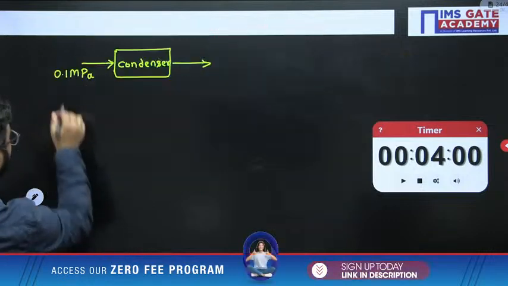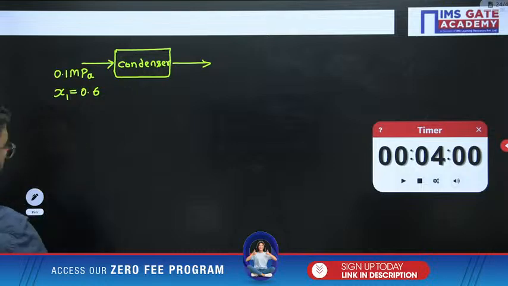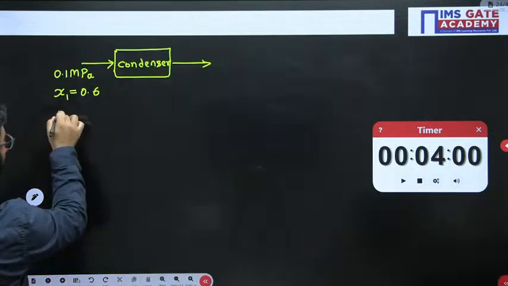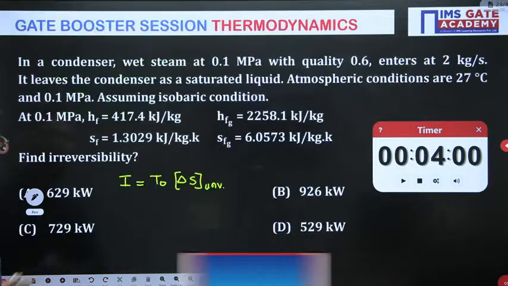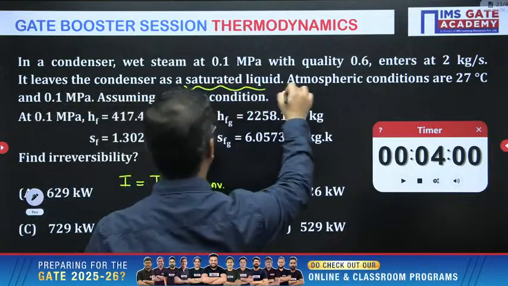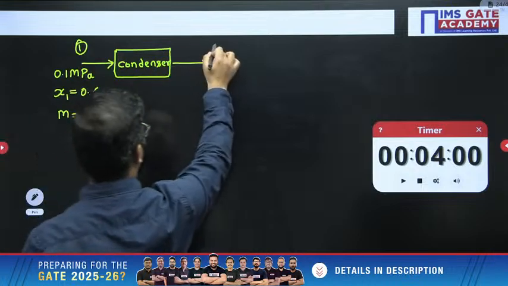Okay, dryness fraction is 0.6, with 2 kg per second as the mass flow rate. Now a very important point: it leaves the condenser as saturated liquid. So this is condition 1, this is condition 2.